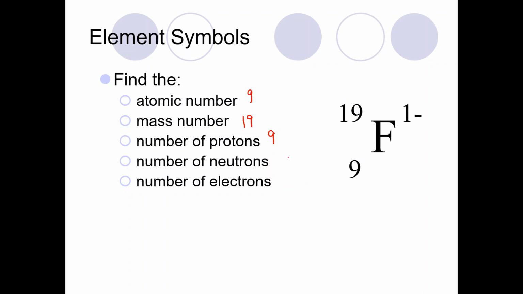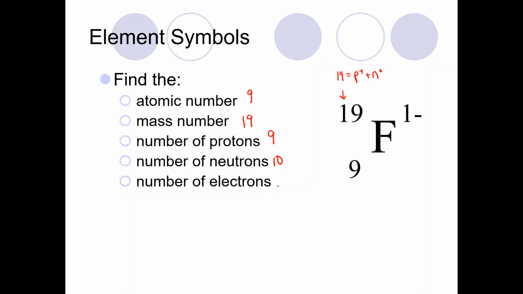Number of neutrons is going to be your protons plus your neutrons making up your mass number. Okay, so if of this 19, 9 of them are protons, that must mean that 10 of them are neutrons, right? Because this number right here, 19, is equal to your protons plus your neutrons. And if your protons are 9, it means your neutrons must be 10.